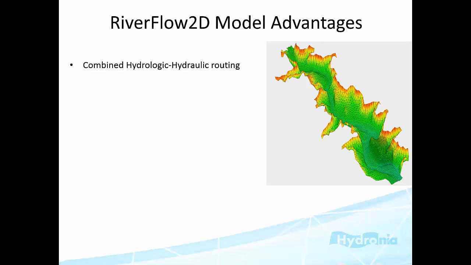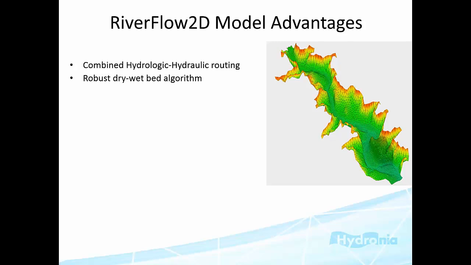Now, the main advantages, mainly with respect to other models, is that RiverFlow2D is a combined hydrologic and hydraulic model. So you can solve both the generation of the flooding to get the discharge, and in the same simulation route that discharge along the river reach you are analyzing.